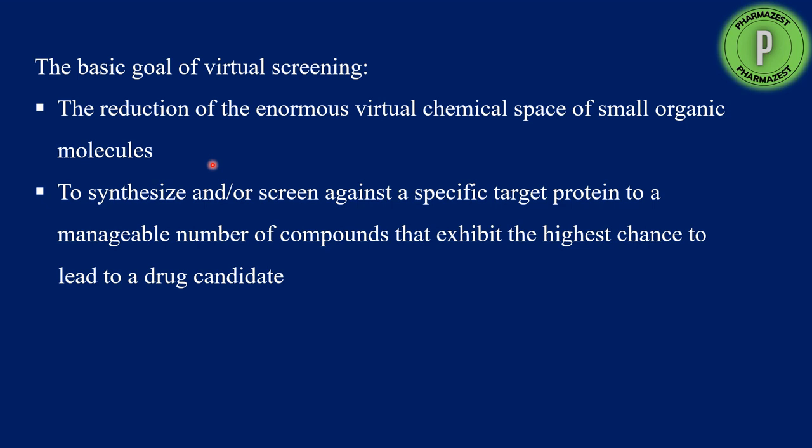Out of these millions of compounds, we reduce the number to a manageable number of compounds to synthesize or screen against a specific target protein, those that exhibit the highest chance to lead to a drug candidate. So the ultimate goal of screening is identifying the compound which has the highest chance to become a drug candidate.